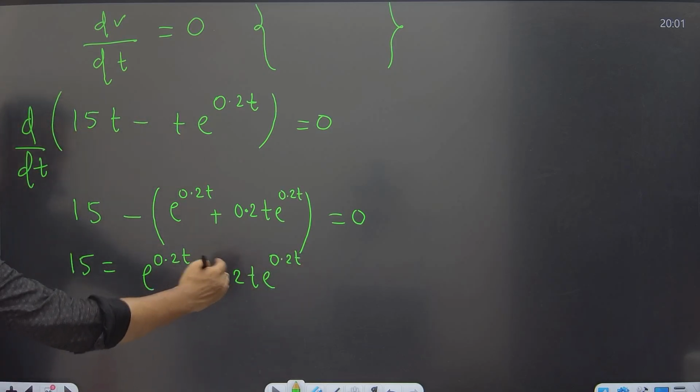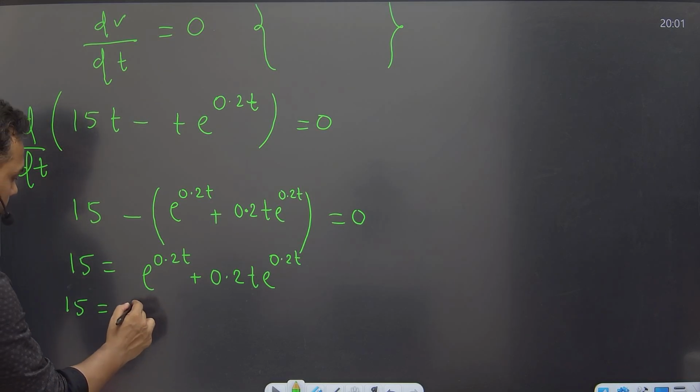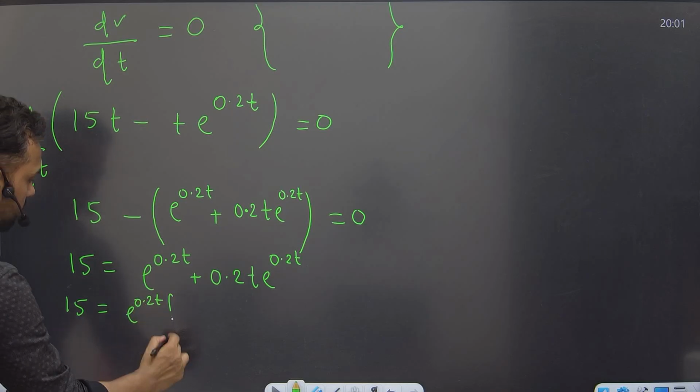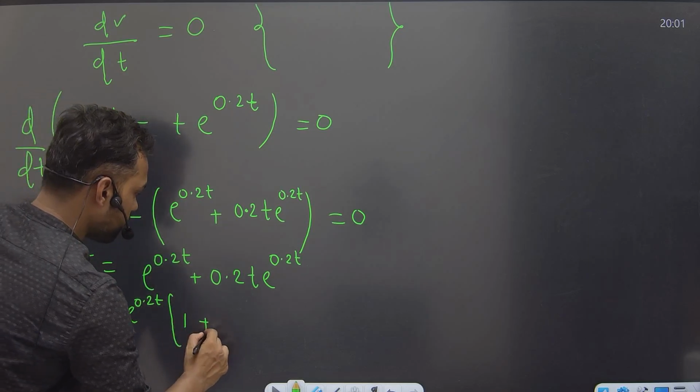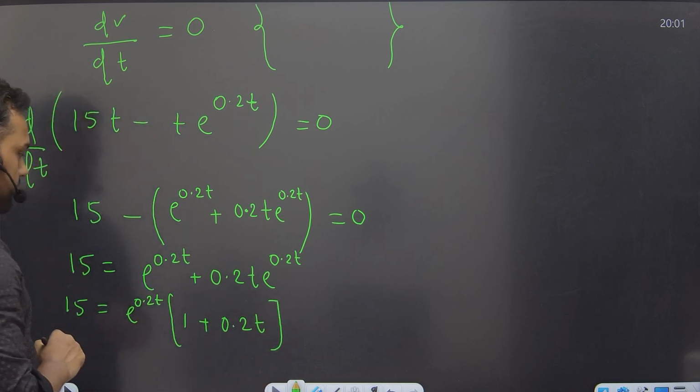Taking e to the power 0.2t common, you get 15 equals e to the power 0.2t times 1 plus 0.2t in the bracket.